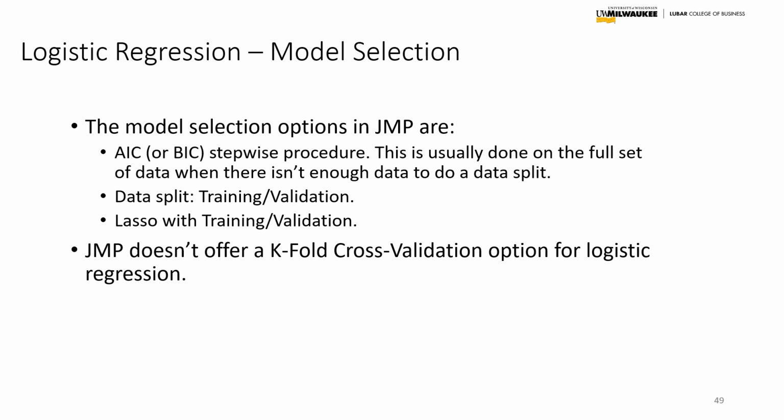If, however, we have enough data and our goal is indeed prediction, we could do a data split of training versus validation. We can apply lasso with training and validation. Now, JMP doesn't offer k-fold cross-validation for the logistic regression, but there's enough in JMP for model selection that we can indeed proceed ahead.